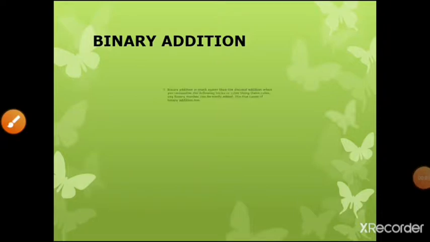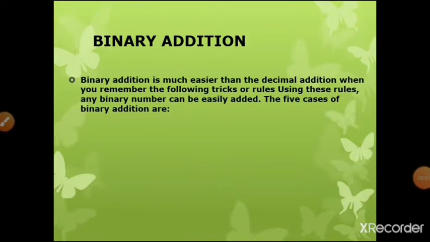Binary addition. It is very easy when compared to normal decimal addition. We need to remember only the tricks or the rules. Here we have 5 different cases. If you are adding two zeros, you get sum 0 and carry 0. In case 2, adding 0 and 1, you get sum 1 and carry 0.